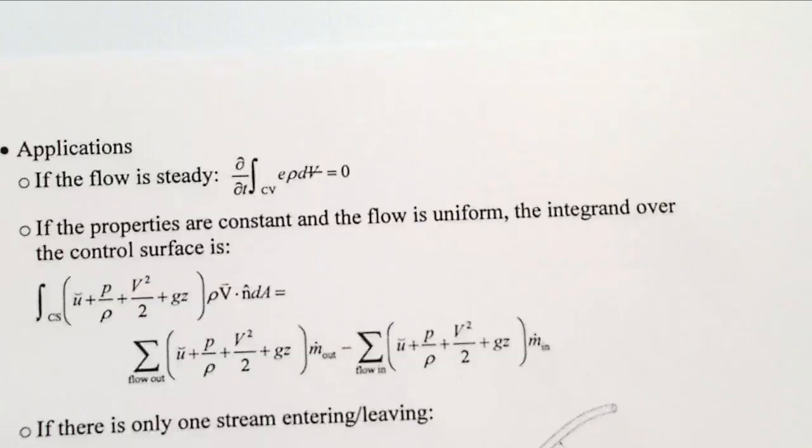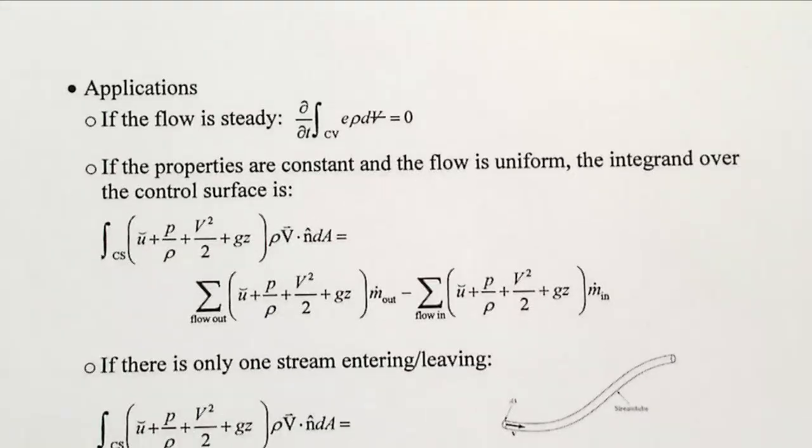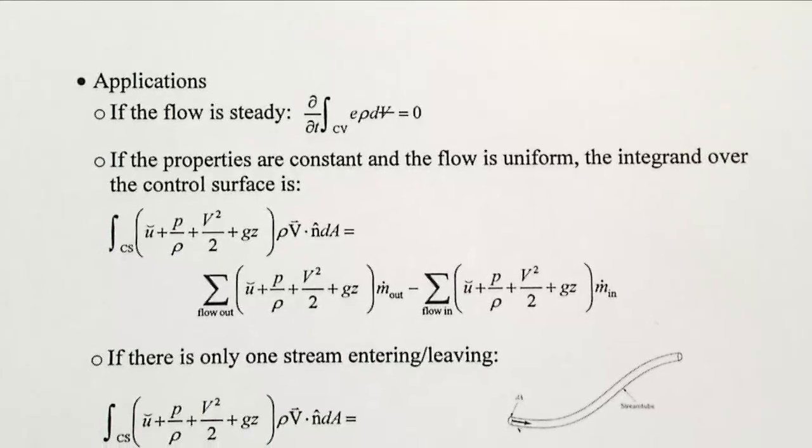For example, if the flow is steady, then you can get rid of the partial derivative term because it's going to be zero. Another thing: if the properties are constant or the flow is uniform, the integral over the control surface is going to be this.